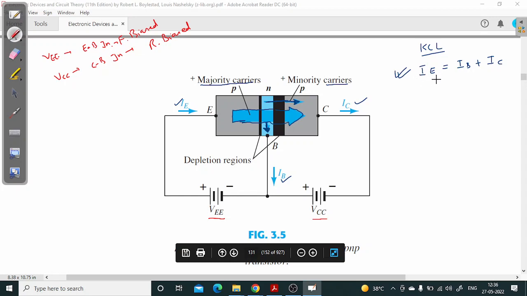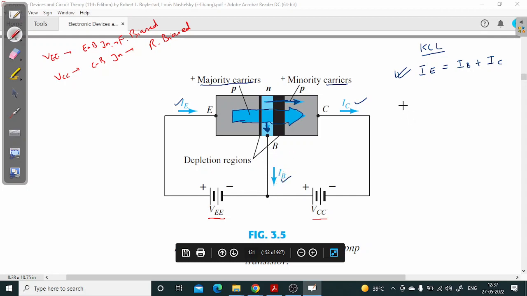This is the outer scene, but internally this is the scene that there are currents because of majority charge carriers and minority charge carriers. Their directions are the same. Some majority carriers are getting deflected from the main direction towards base, and they form the base current.